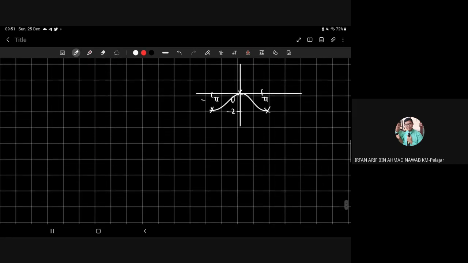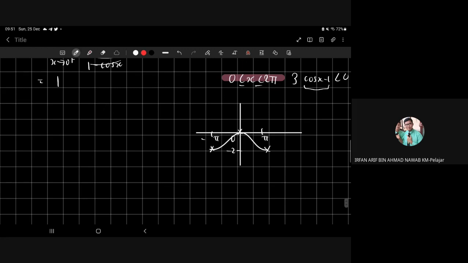All right, now for the best part of evaluating limits: the limit as x approaches 0 of sine of x over x will always be 1.